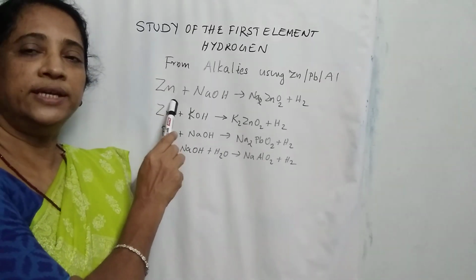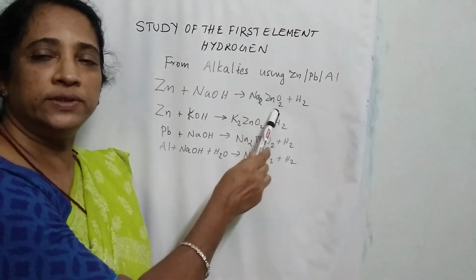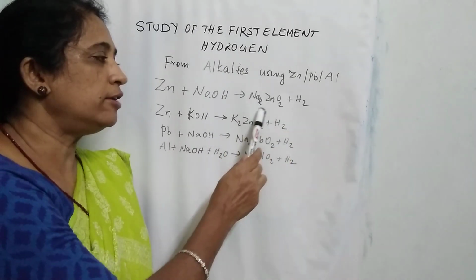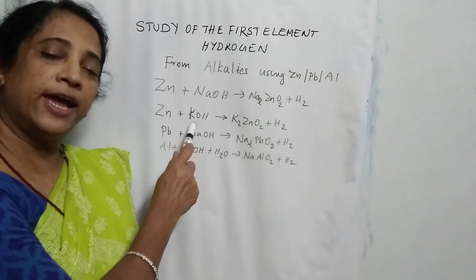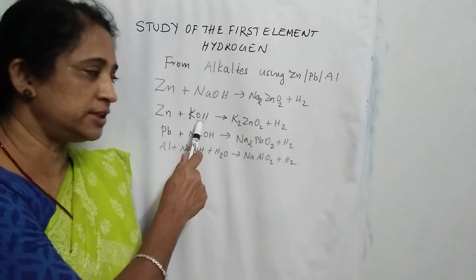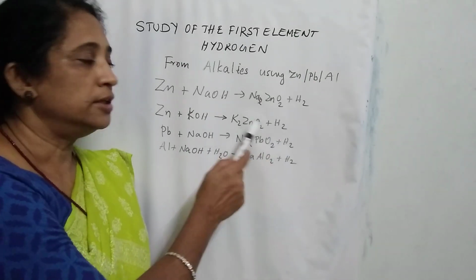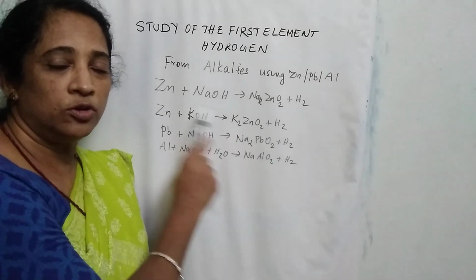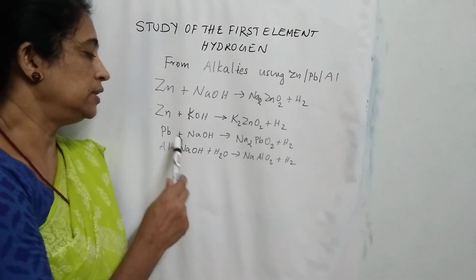For example, Zn plus sodium hydroxide gives a salt Na2ZnO2 plus hydrogen. Na2ZnO2 is sodium zincate. Then Zn reacts with KOH, caustic potassium hydroxide, to form K2ZnO2 plus hydrogen. This is potassium zincate. So learn the equation by heart.